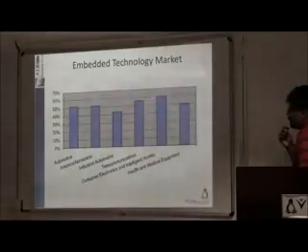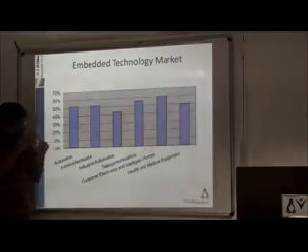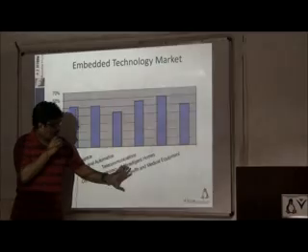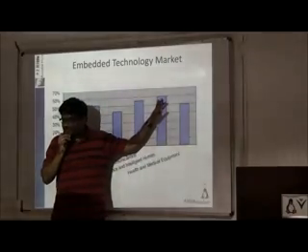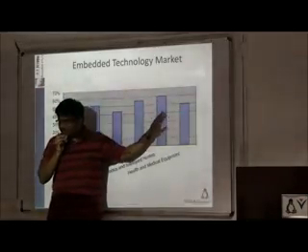A little look at those investments. These are the facts. If you look at this, in consumer electronics and intelligent homes, or basically consumer electronics, you can see a huge bar: lots of investments, lots of jobs being created, lots of work happening there.